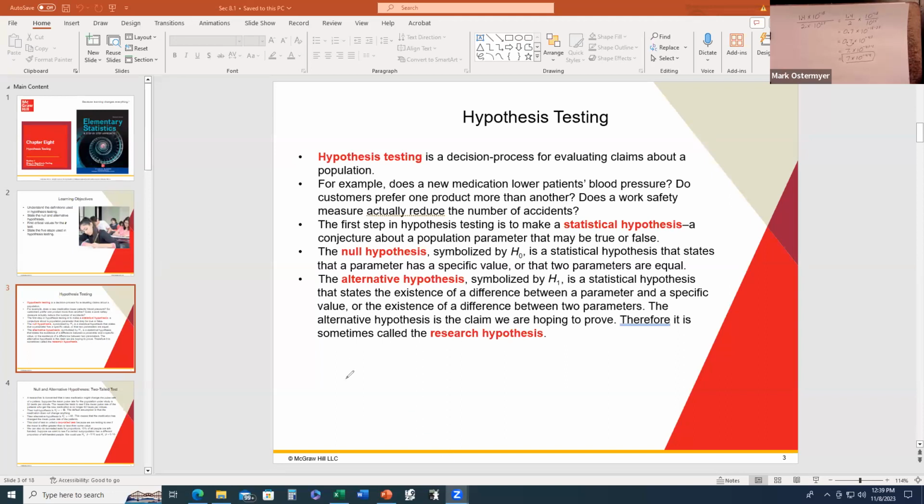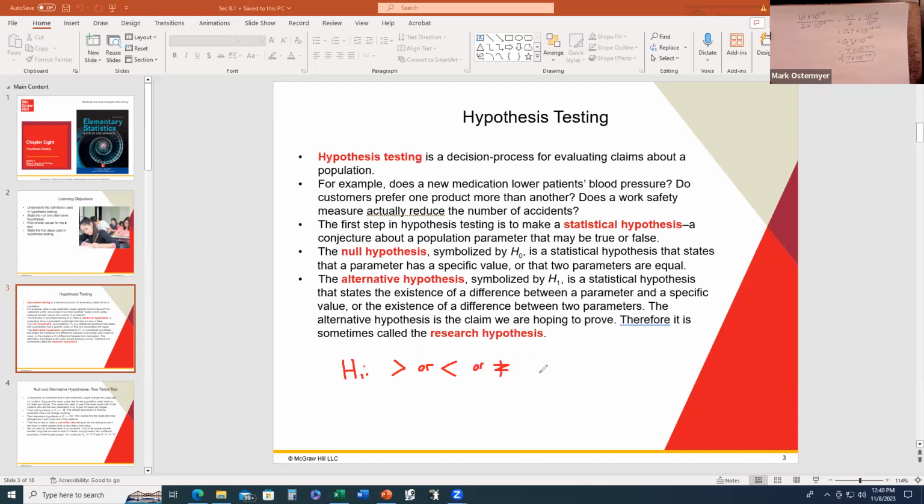An alternative hypothesis, which is denoted as H sub 1. Whether we're testing a population mean or proportion or a standard deviation, the symbols for the alternative hypothesis are always going to be strictly a greater than symbol, or it could be a strictly less than symbol, or it could be a not equal to symbol.